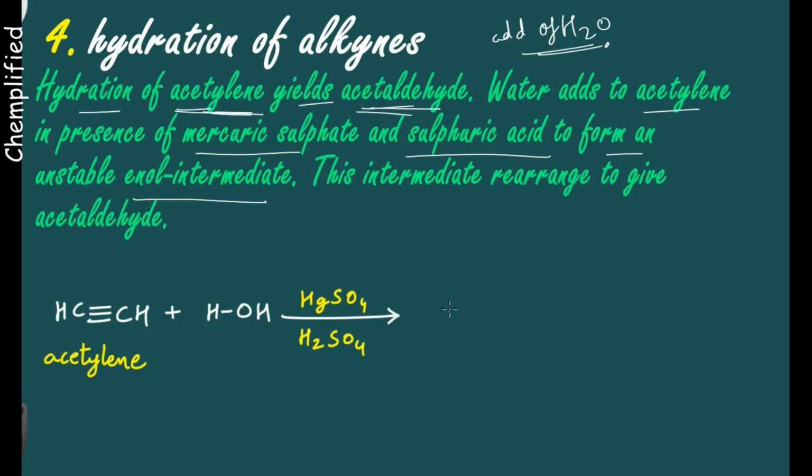Now, what will happen is formation of an enol intermediate. This is your enol intermediate when acetylene is reacting, right? Now after some rearrangement, you will get the final product acetaldehyde.